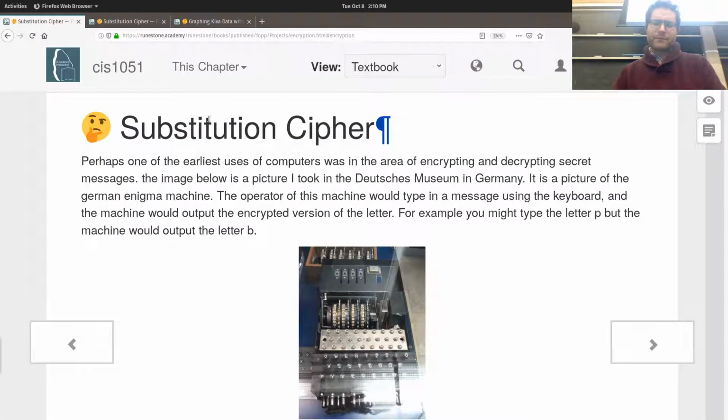So anyway, we've got to send these messages, and we want to encrypt them. The easiest way is to use something called the Caesar cipher, which is fairly simple. What we're going to do is take our message and substitute all of our letters in a specific manner. Actually, it's easier to show you on text.